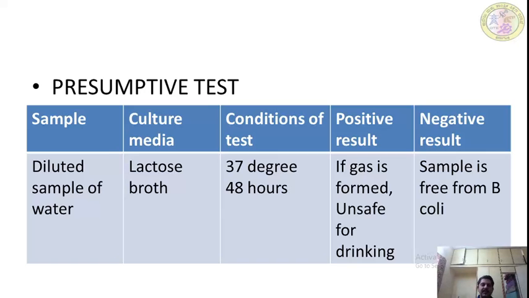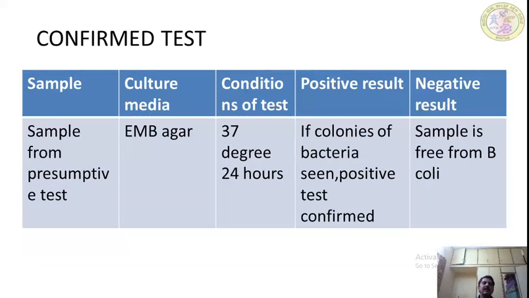Observe this: the diluted sample is taken, lactose broth is added, and the temperature is maintained at 37 degrees centigrade for 48 hours. If gas formation is noted, bacteria are present, so it is unsafe for drinking. If a negative result comes, the sample is free from E. coli bacteria. Then we go for the confirmed test.